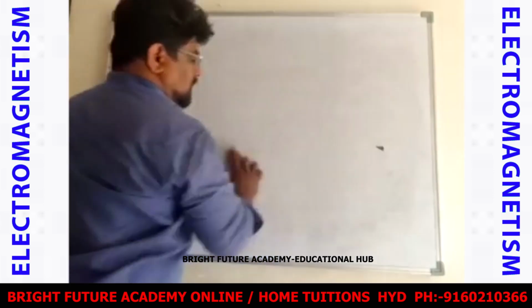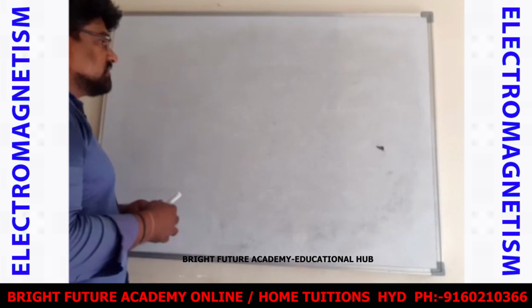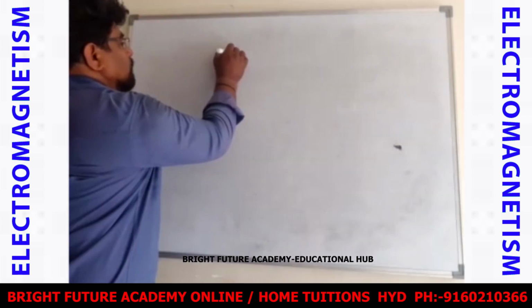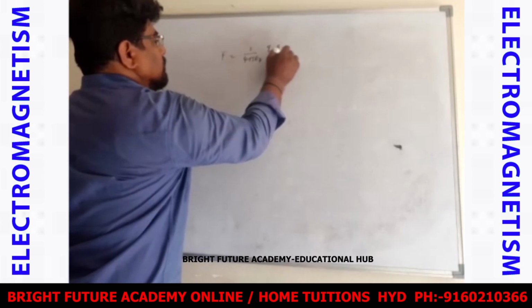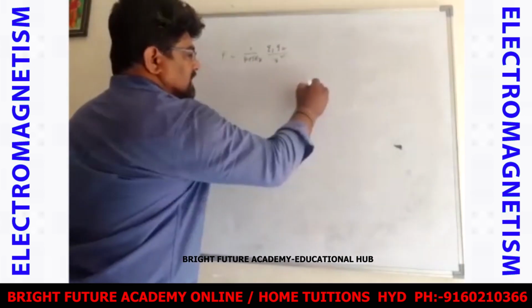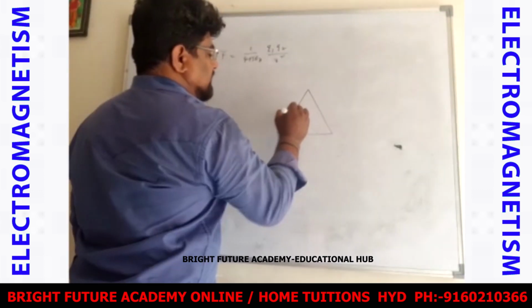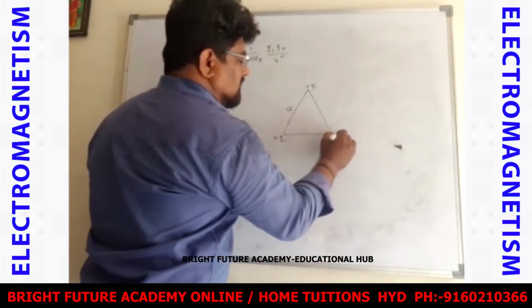Now we have to attempt a few problems on Coulomb's inverse square law. So what is the formula? Force F equals 1 by 4 pi epsilon naught Q1 Q2 by R square. Now we have an equilateral triangle of side A, and we keep three similar charges at the three vertices.